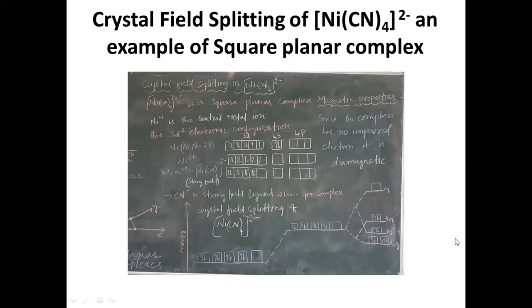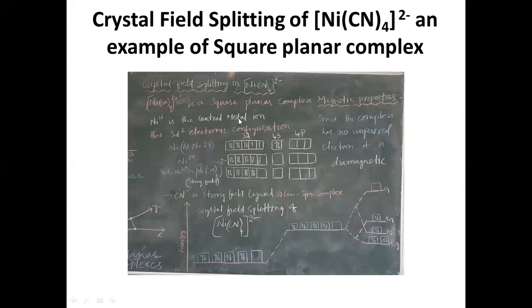When the z axis ligands are removed, it forms a square planar complex with z components reducing in energy and xy components increasing in energy.